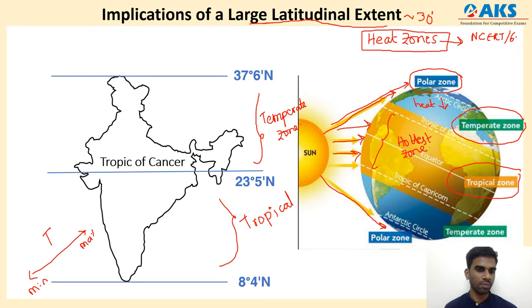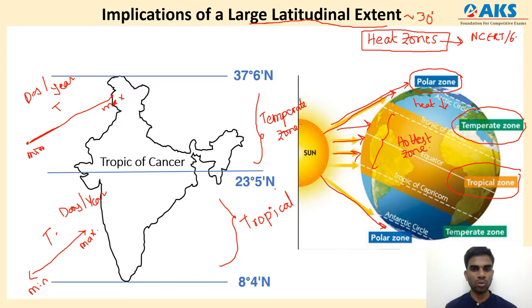The difference between the minimum and maximum temperature recorded in a day and in a year is less compared to the range in the temperate zone. In the temperate zone, the range between minimum and maximum temperature, both in a day and in a year, is usually high compared to the tropical zone.